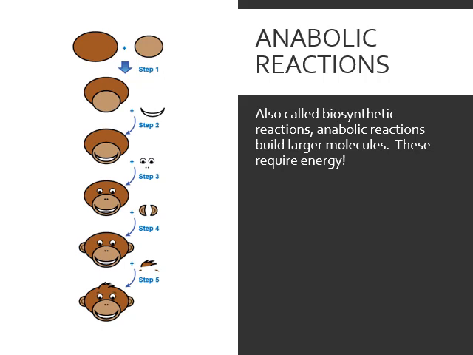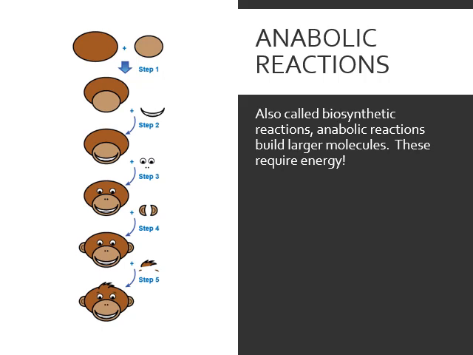So that is catabolic reactions, breaking things down. Now we'll talk about anabolic reactions, building things up. Whereas catabolic reactions are going to break down and release energy, anabolic reactions are going to require energy. So where catabolic reactions are exergonic, anabolic reactions tend to be endergonic.